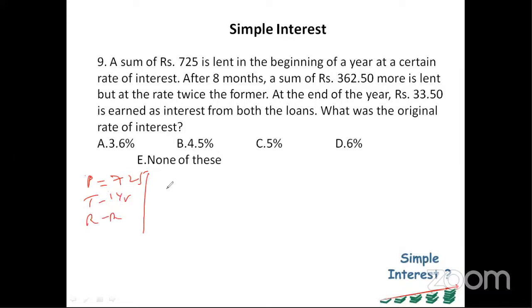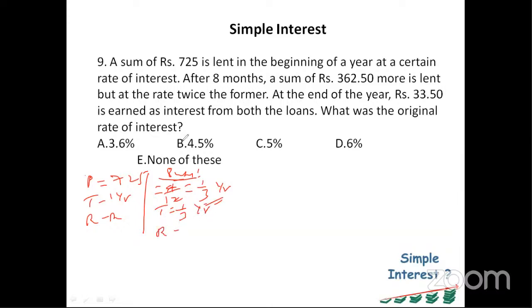This was the first case. But after 8 months, what happened? After 8 months later, which means out of 1 year, how many months are remaining? After 8 months means 4 months are remaining. So 4 by 12, we get 1 by 3 year. This is remaining. So time will be 1 by 3 year here. First case, time will be 1 year, but here time will be 1 by 3 year.